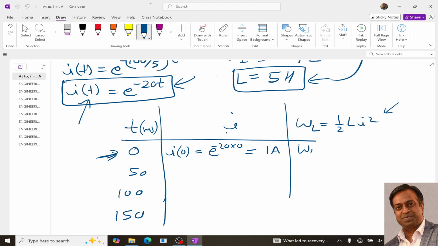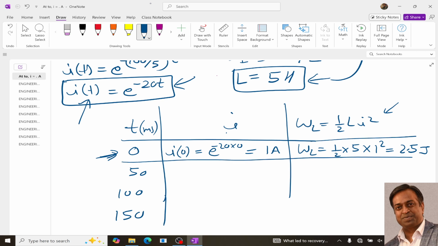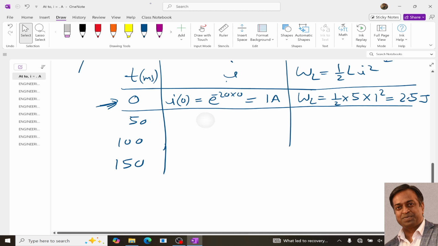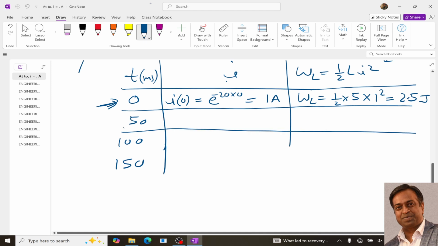will get WL is equals to half into 5 into 1 square. So it is 2.5 joules, right? Now similarly, if we substitute the value of this 50, right? And this 50 is in milliseconds, so we need to convert it into seconds, so it is 0.05 seconds.